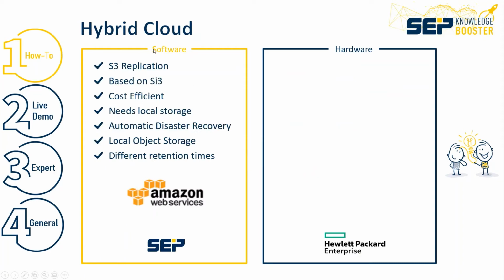Now, where does the cloud come into the game? On our software side, we have a possibility to do a replication to S3, and I will show you in the live demonstration later on how this can be configured in our software. And for this S3 replication, you need a local SI3 DDAP storage to transfer the deduplicated data to S3.